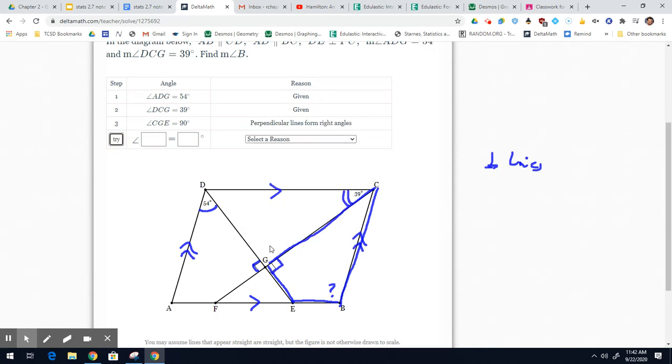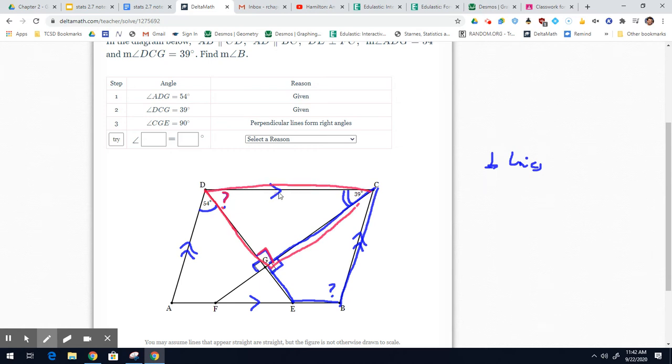Okay. Next, how am I going to go about getting these two other angles? Well, I know that this is also a right angle right there. So if I say that this is a right angle, then I can get this angle here because this is a triangle up here. Let me do this in red.